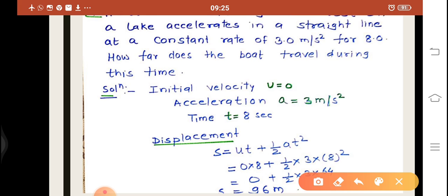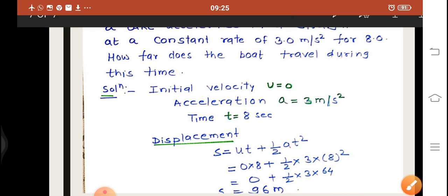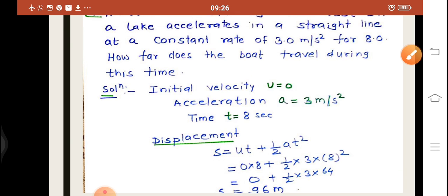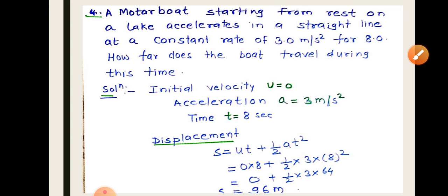Then this 2 will cut with 64 to give 32, and 32 into 3 is 96. So the answer will be 96 meter.